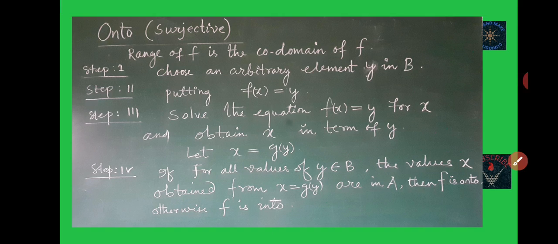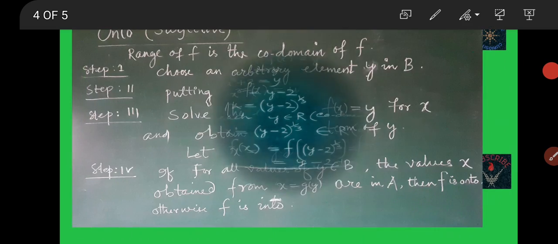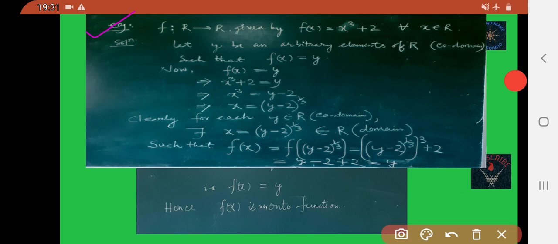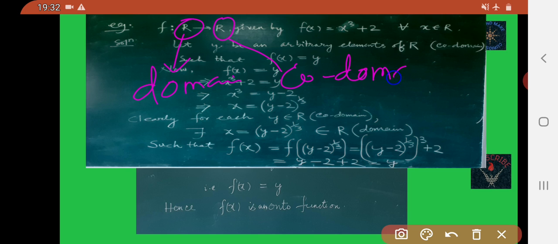So friends, for example, we take function f mapping from R to R given by f of x is equal to x cube plus 2 for all values of x in set R. Okay, here R is the set of real numbers, and this is the domain, and this is the codomain.